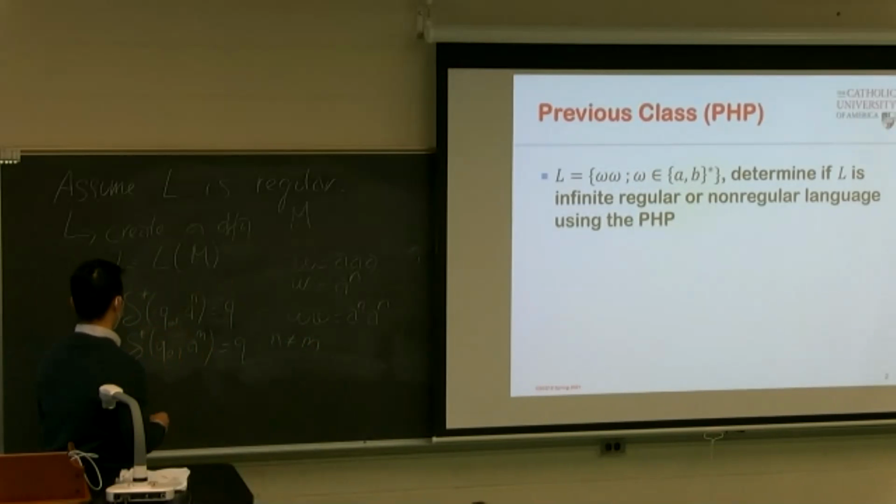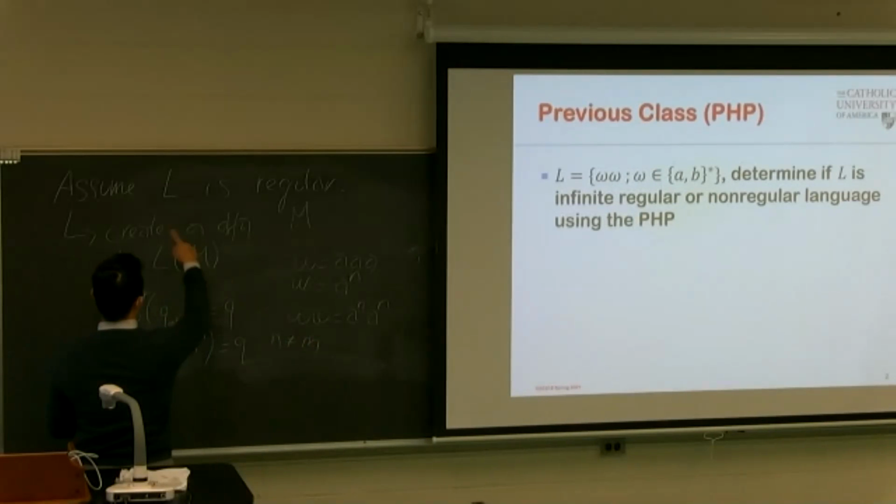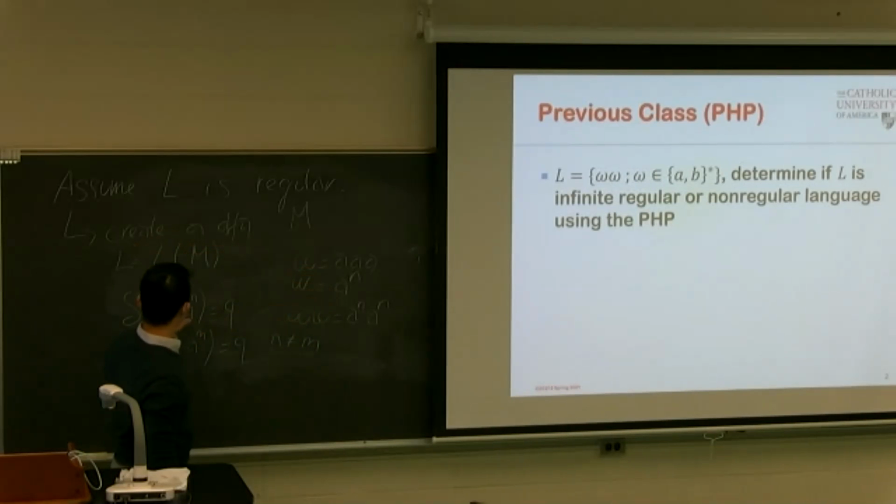So now, we know that this machine, this DFA, would accept A to the N, B to the N.